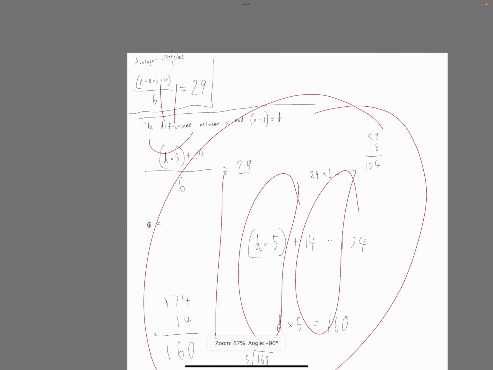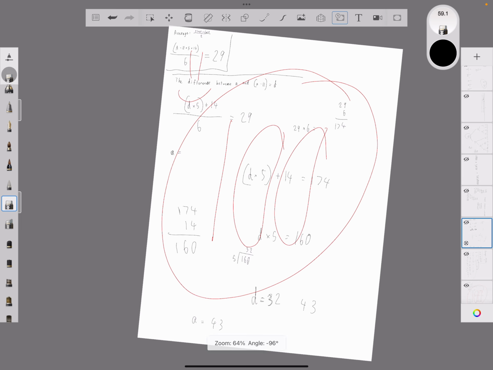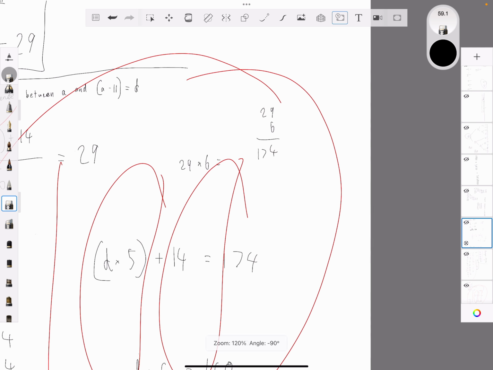D times 5 plus 14 equal 29. Why that? Okay, what's the first step?